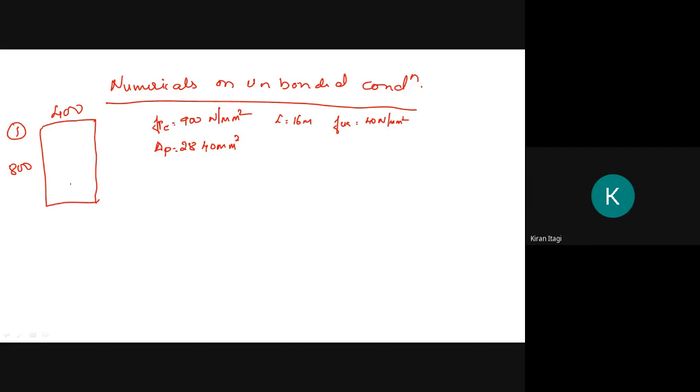Okay, effective depth it is 800. These are the given things. See, he has given B equals 400. FP, FCK, AP and everything is given.